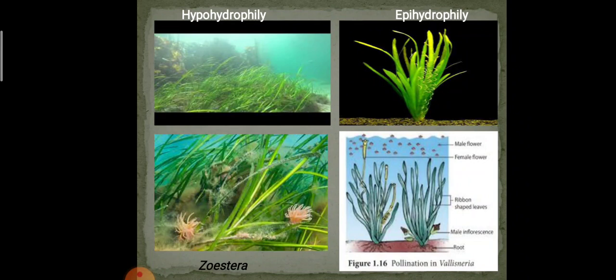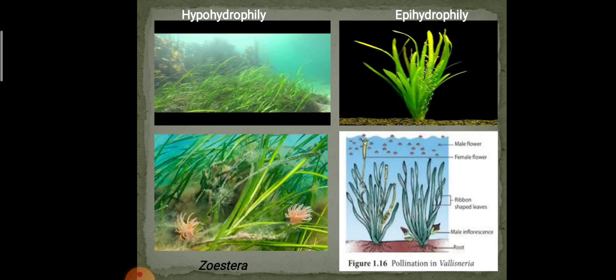Monoecious means a single plant which produces male and female flowers, and pollination takes place below the water, and the pollen grains are without exine. A mucilage cavity is present, and the pollen grains lack exine in Zostera. Pollen grains are weighty, meaning they have a particular weight, density. Because of that, they remain below the water.